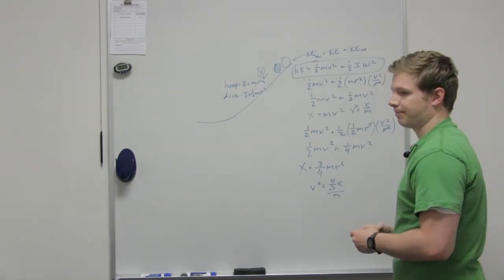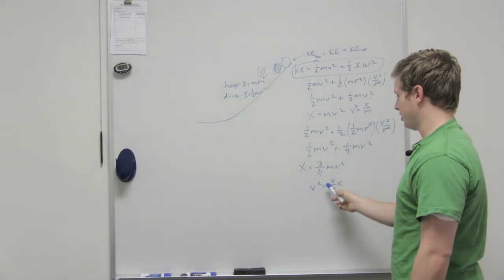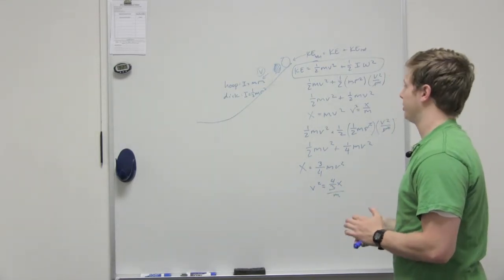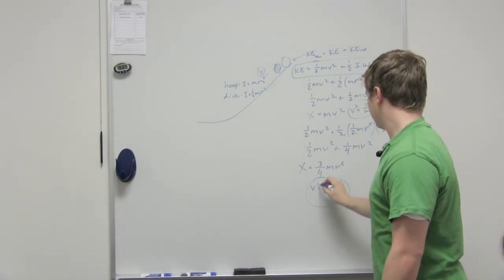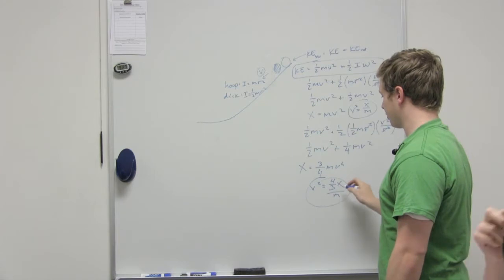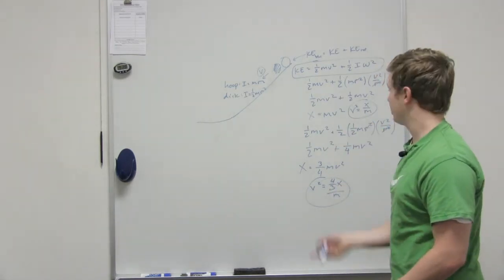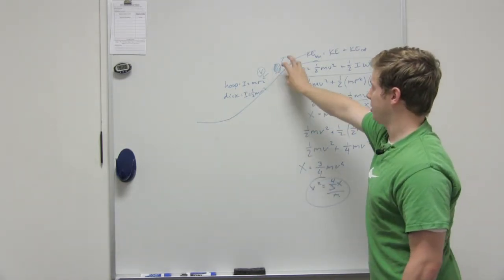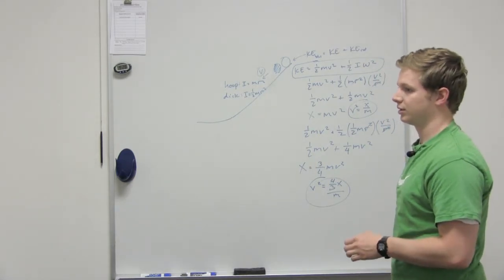You'll notice the disc's velocity should be higher, so it's going to reach the bottom first. Since the whole thing is multiplied by 4/3, it has a higher velocity than the thin hoop. If it has a bigger velocity, it gets to the bottom first.